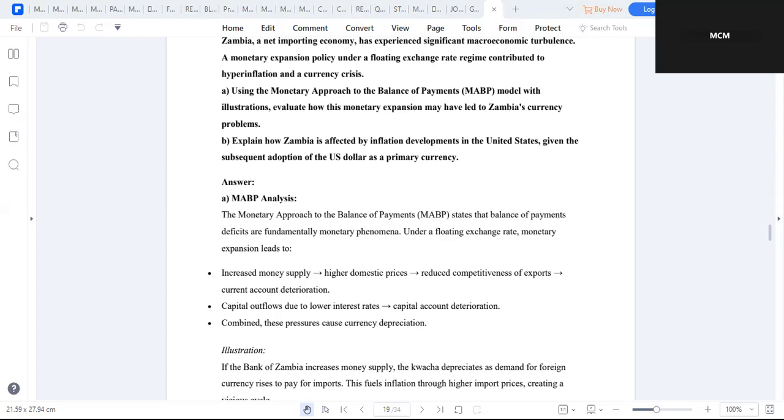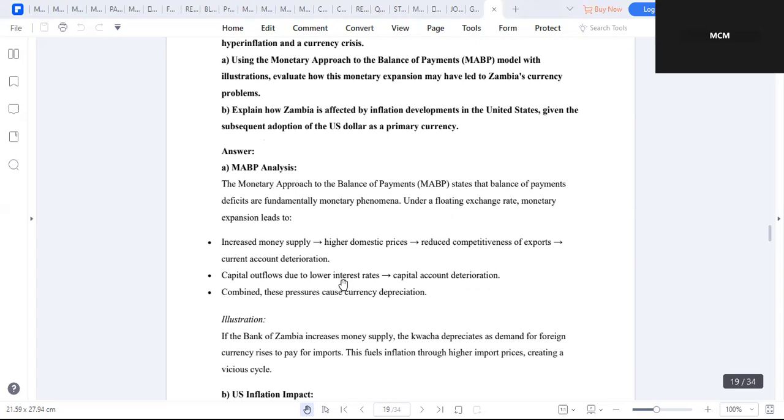So when money supply exceeds the public demand for money, people will spend more on goods and on foreign currency. Then there would be capital outflows, which would be due to low interest rates and capital account deterioration. It will also lead to a combined mix of these problems above. So we are using the MAP model to illustrate how the monetary expansion may have led to currency problems.